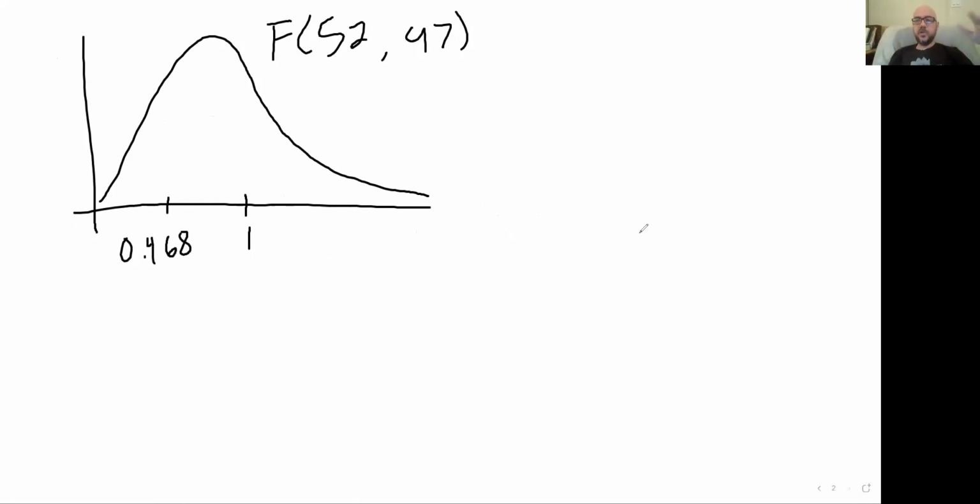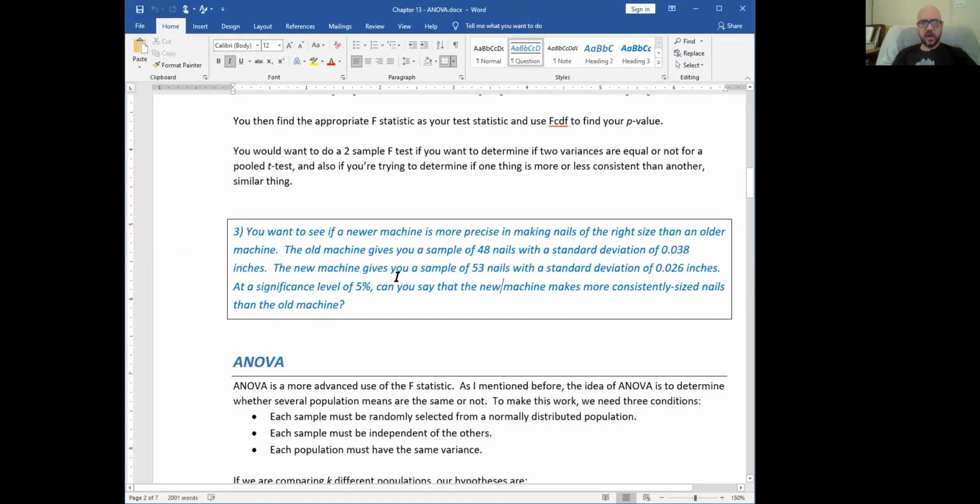And so I need to write some hypotheses, right? This is a hypothesis test. I need to get some hypotheses going. So the question was, does the new machine make nails that are more consistently sized than the old machine?